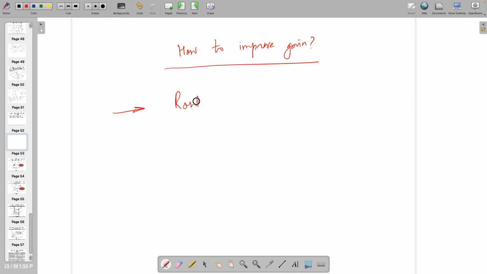Improve R out, increase it. How to increase R out? You can cascade the stages. If you are cascading or using multi-stage, it is going to give you more and more gain, more and more required R out. Everything is improving, but that is going to reduce the bandwidth.